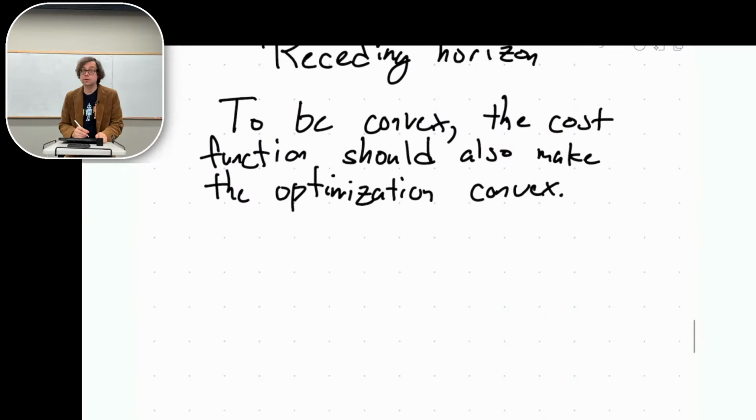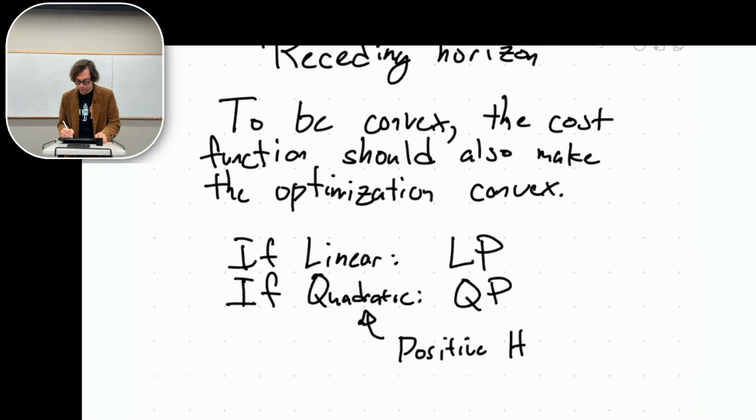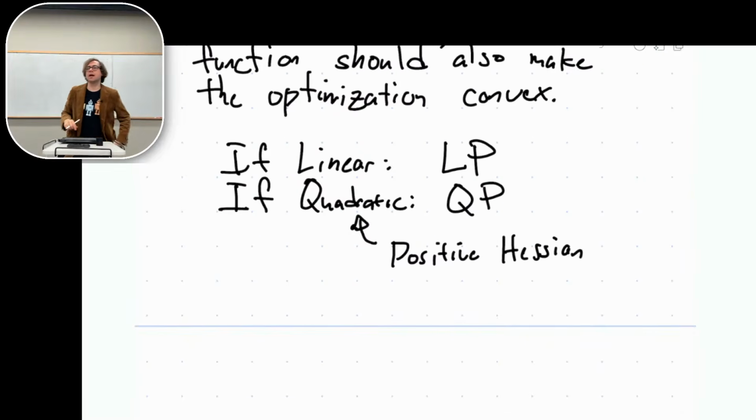So if it's linear, it's a linear program. If quadratic, it's a quadratic program. Keep in mind that it also has to have a positive Hessian, meaning it has to be concave up. We got that by checking the eigenvalues. Most of the quadratic cost functions that you deal with in control tend to be concave up.